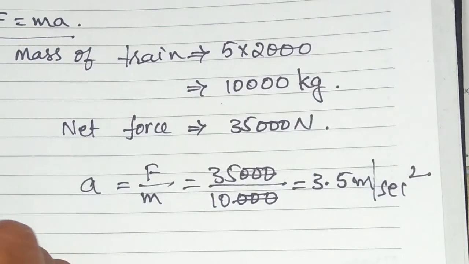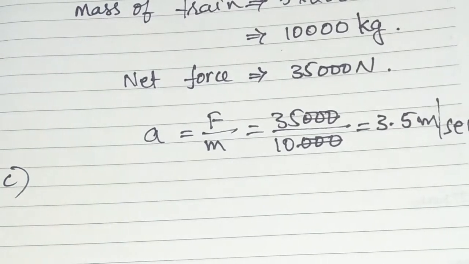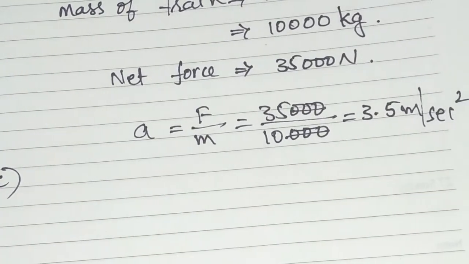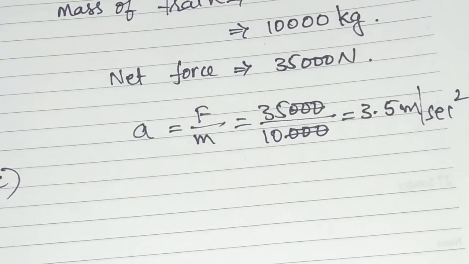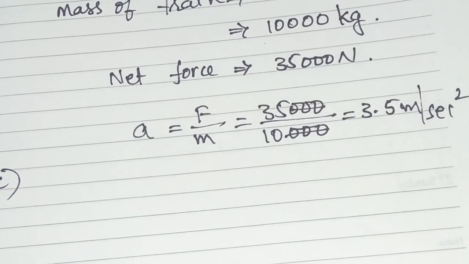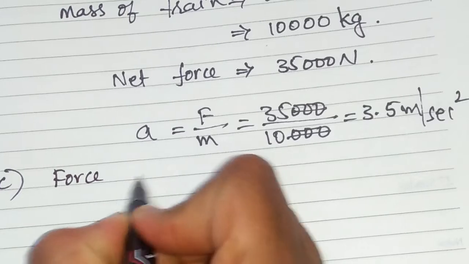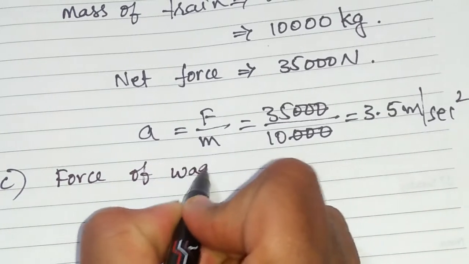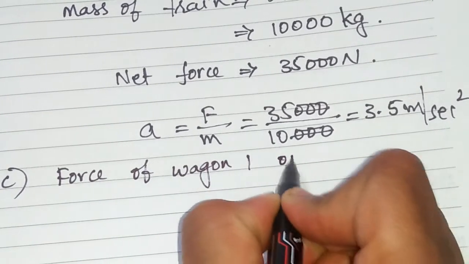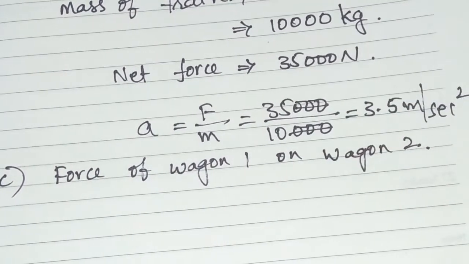Next, coming to the third part of this. So what is the third question asked here? Let me see that. The force of wagon 1 on wagon 2. So we are going to find out the force of wagon 1 on wagon 2. How to find out this?